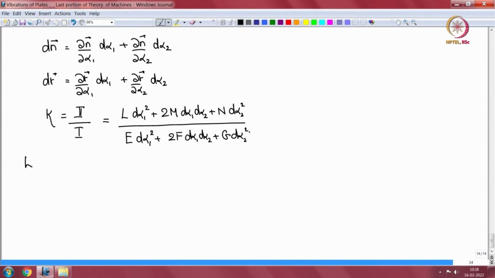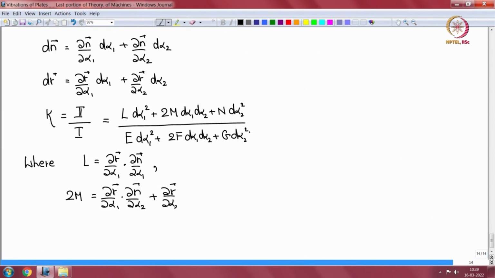Where now L is equal to del R by del alpha 1 dotted with del n by del alpha 1, then twice m is del R by del alpha 1 dotted with del n by del alpha 2 plus del R by del alpha 2 dotted with del n by del alpha 1, and n is equal to del R by del alpha 2 dotted with del n by del alpha 2.